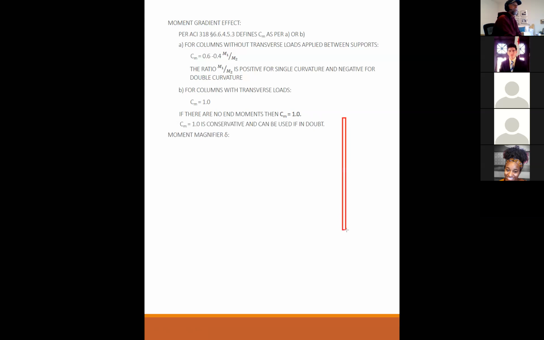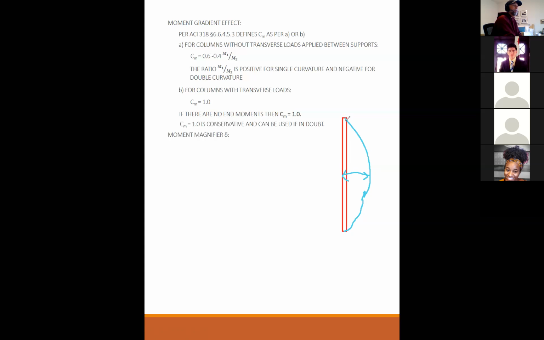If this is my column, and the deflected shape looks like this, then that is the worst possible condition, because then my delta here is very large, and the P delta effect causes moments that cause more deflection, which causes more slenderness effects.